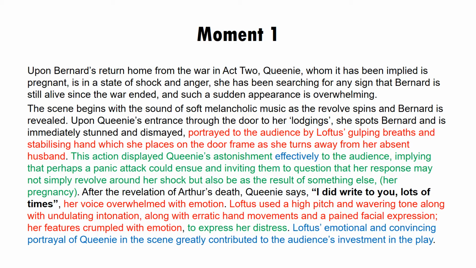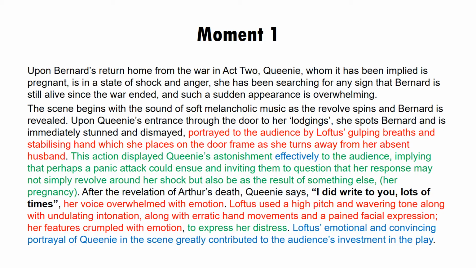Upon Queenie's entrance through the door to her lodgings, she spots Bernard and is immediately stunned and dismayed. Portrayed to the audience by Loftus' gulping breaths and stabilising hand which she places on the doorframe as she turns away from her absent husband. This action displayed Queenie's astonishment effectively to the audience, implying that perhaps a panic attack could ensue and inviting them to question that her response may not simply revolve around her shock but also be as the result of something else, her pregnancy.